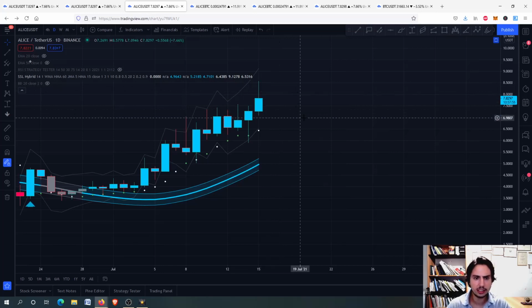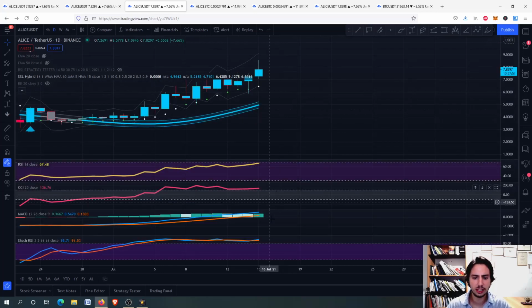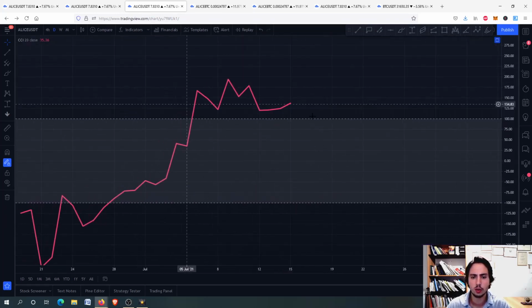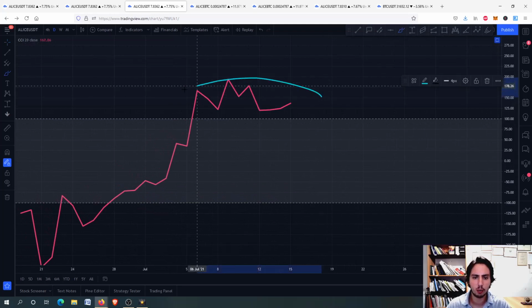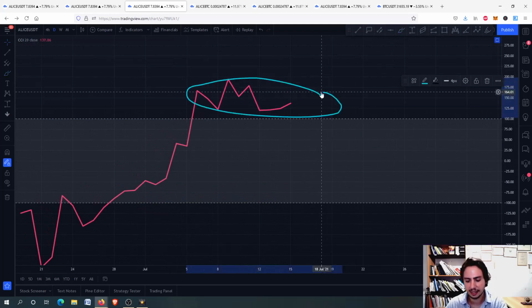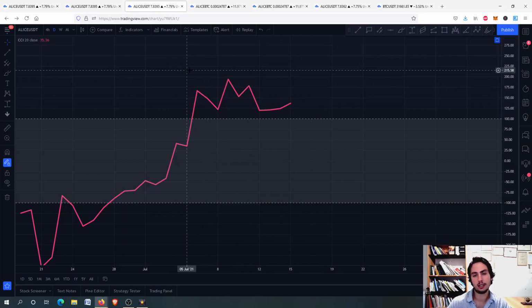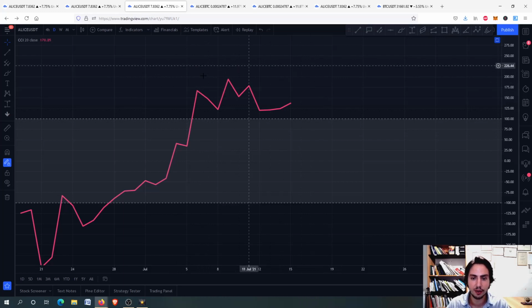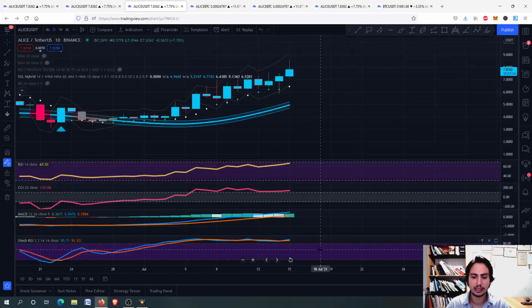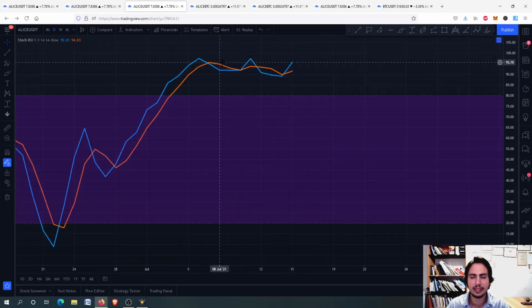So let's go right now to the commodity channel index. We are way above the 100 on the daily frame. Right now you can see on an impulsive wave, this pattern is very usual, and it happens very often. You can see the stochastic RSI is above the 80 as well.